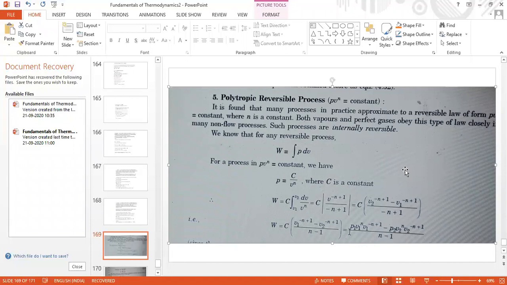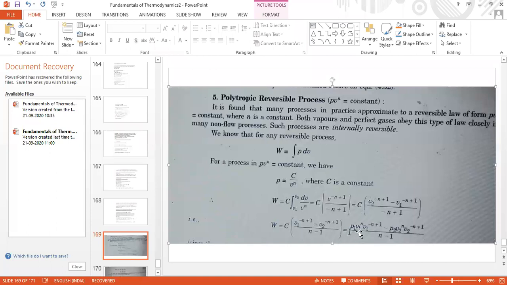I am asking you x power n multiplied by x power m. X power m plus n, sir. Right. It is x power n plus m. Like that here.